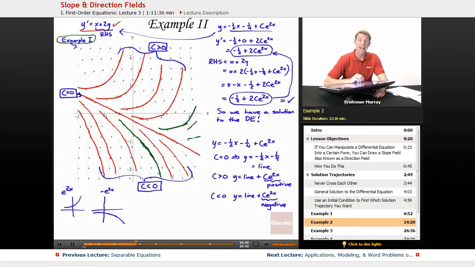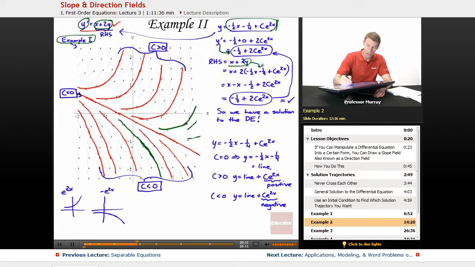The next thing I had to do there was to check the given general solution and make sure that it really was a solution to the differential equation. In order to do that, I worked out y prime on one side and I worked out x plus 2y independently. So here's me working out y prime, took the derivative, and then I worked out x plus 2y, where for the y, I plugged in what our solution is.